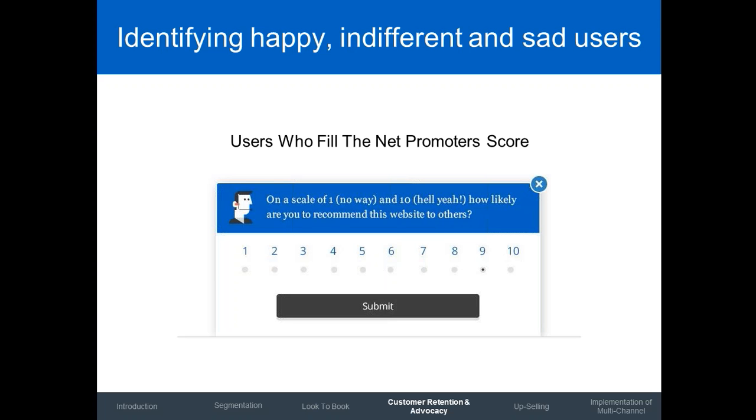But it's very important to reach out to them at the right time, so the happy users become your brand ambassadors, and sad users don't spread too much negative word around you. So we use the NPS score, Net Promoter Score, which has been very effectively used by a lot of service organizations, and tells you on a scale of 1 to 10 where you stand.